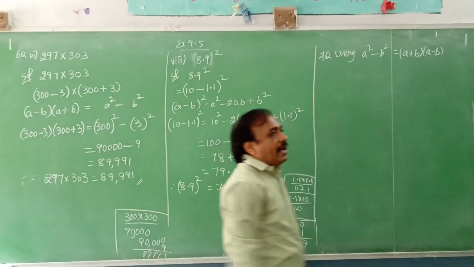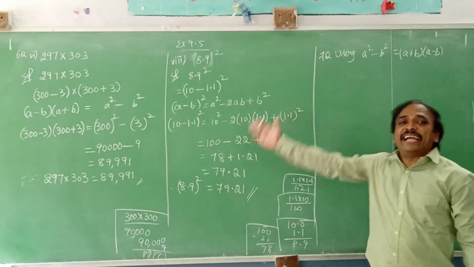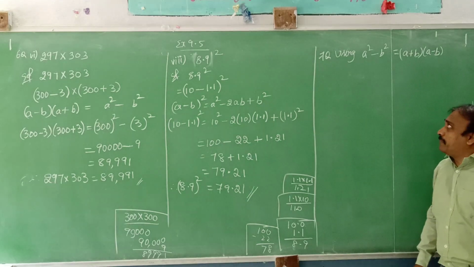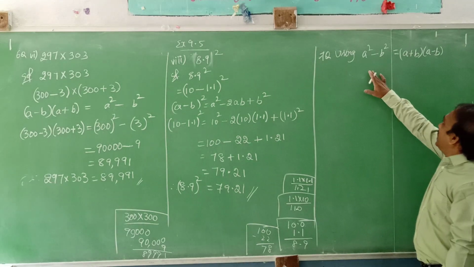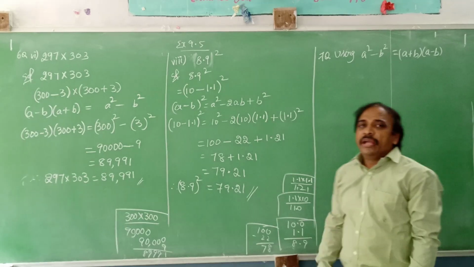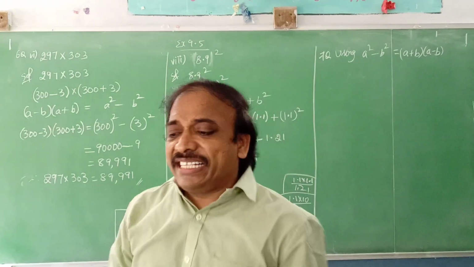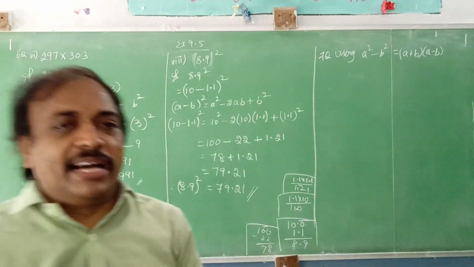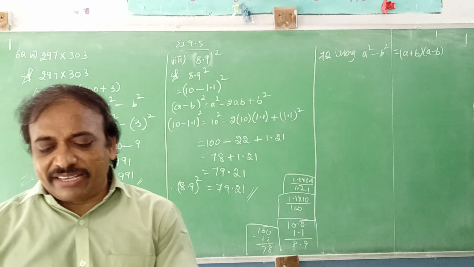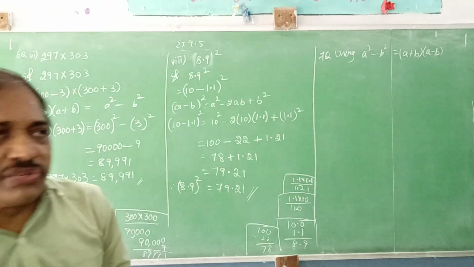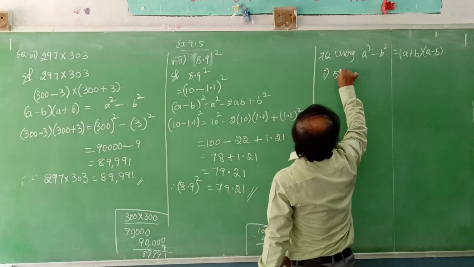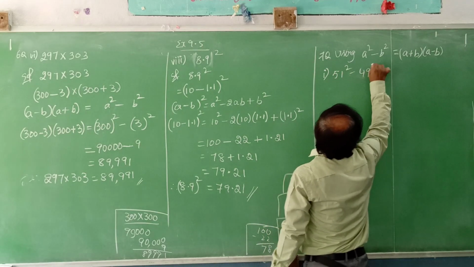Now, I hope you understood how we are using the identities to evaluate and get the answer. Now come to question number 7. Using a square minus b square is equal to (a plus b) into (a minus b), that is the identity given in question number 7. The first one is 51 square minus 49 square.